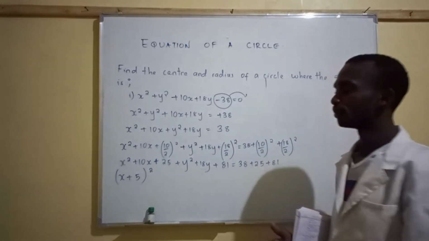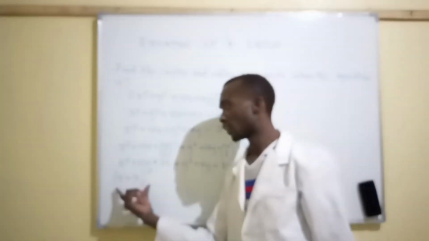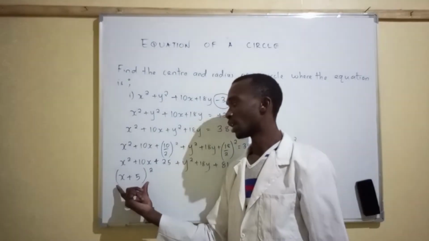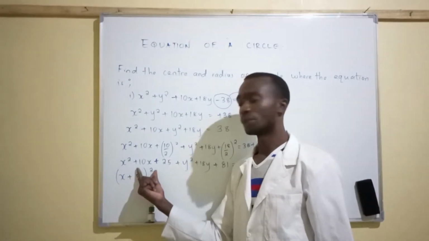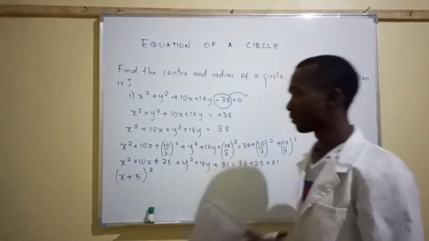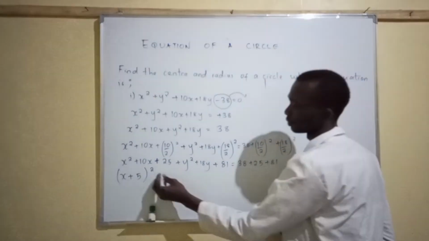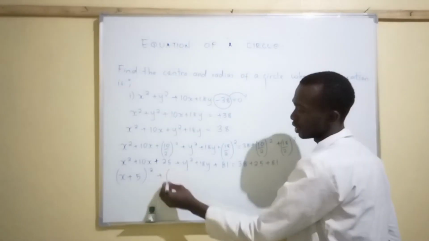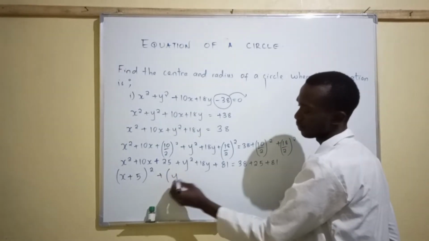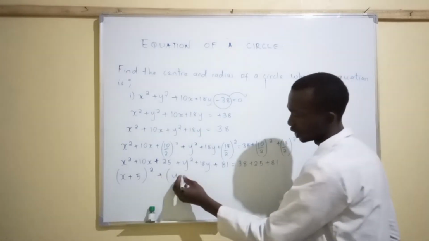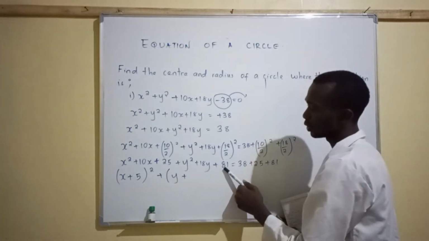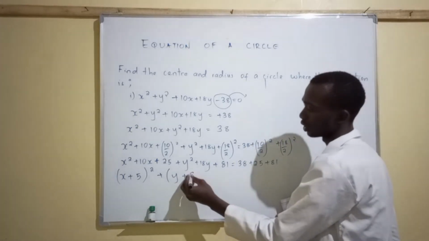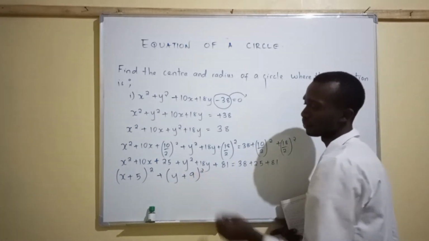What does it mean? X plus 5 squared, when you expand this part, we go back to where we came from initially. Plus y squared, the square root of y squared again is y. The sign after y squared is positive, and the square root of 81 is 9 squared.